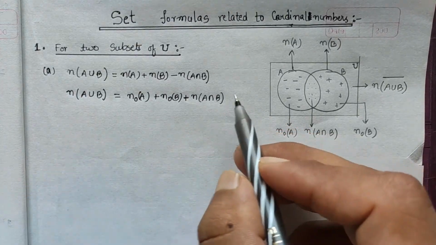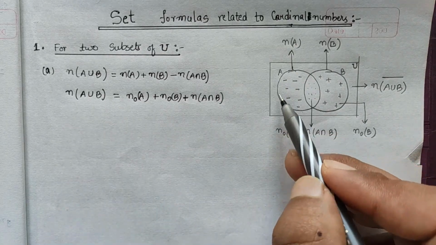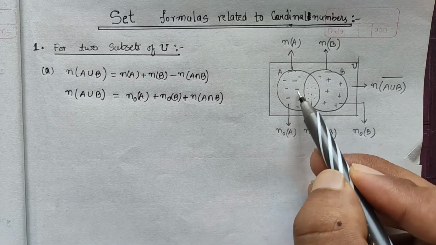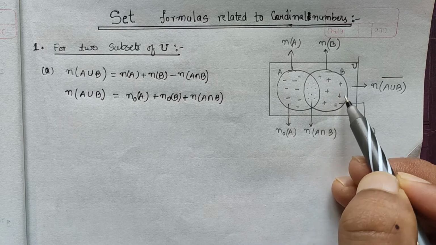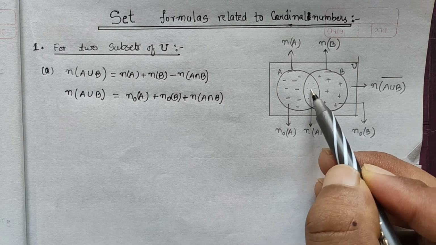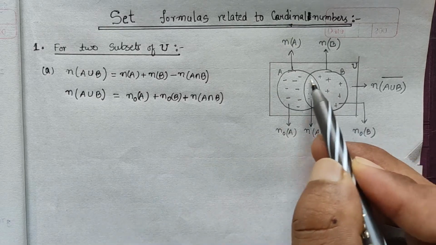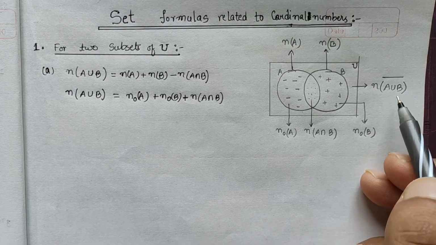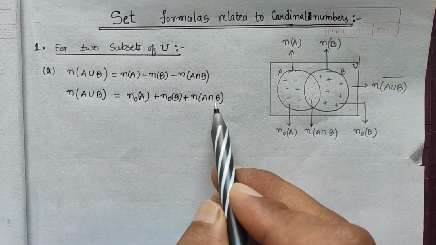Okay, so see the figure, and A union B means this A and B whole part. A and B whole part means this dashed part plus this plus part. Okay, and this dotted part is the A union B complete one, and outside this is the complement part, A union B complement. So we can see from the figure how we have written this formula.